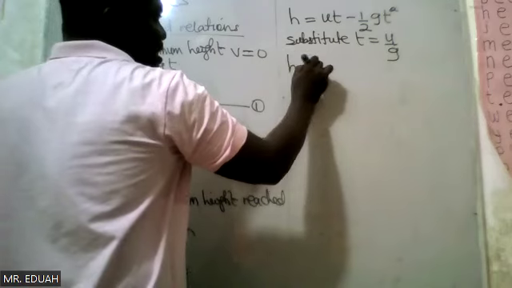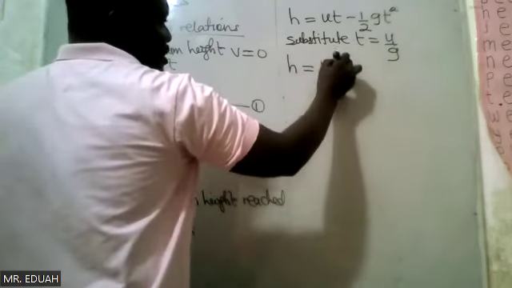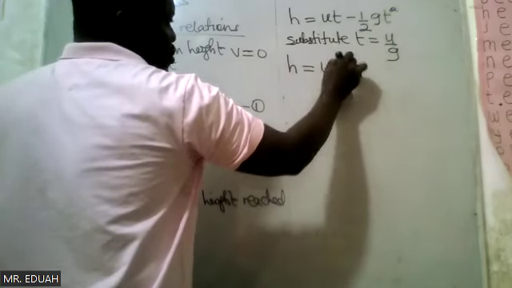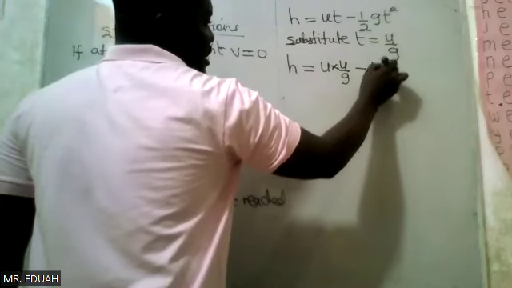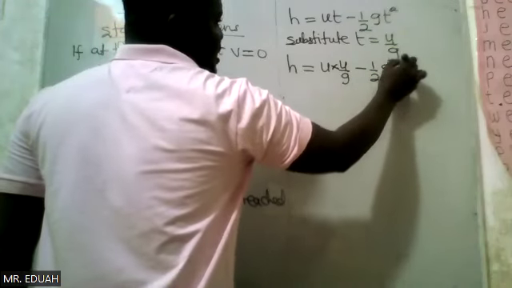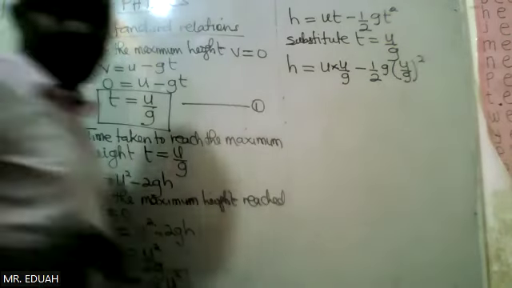Wherever I see T, I substitute U over G. So U times U over G minus half G times U over G squared.